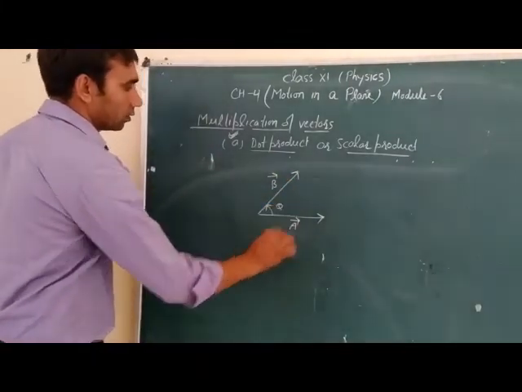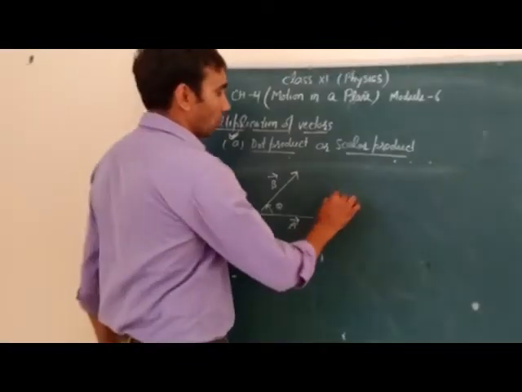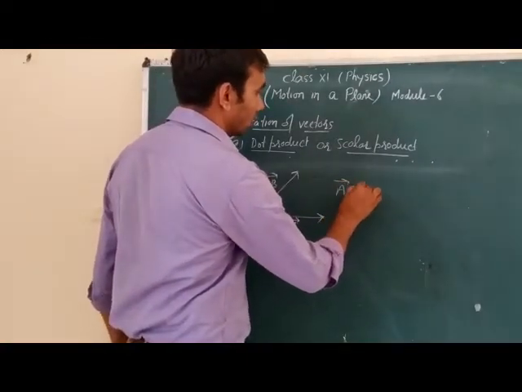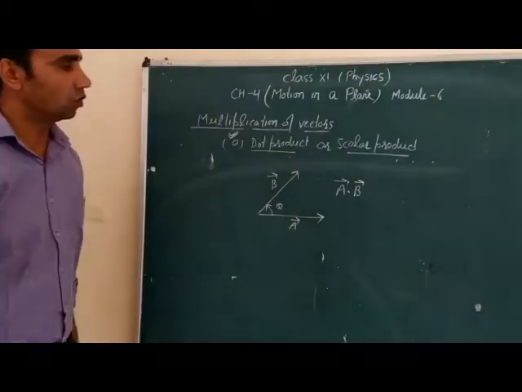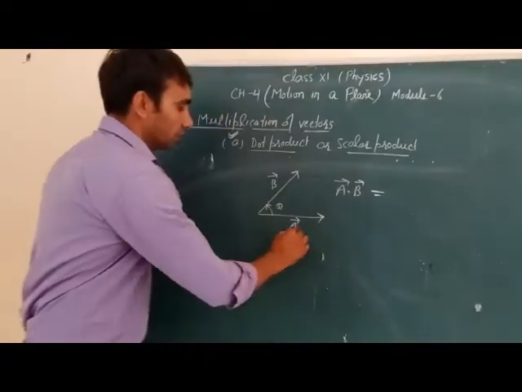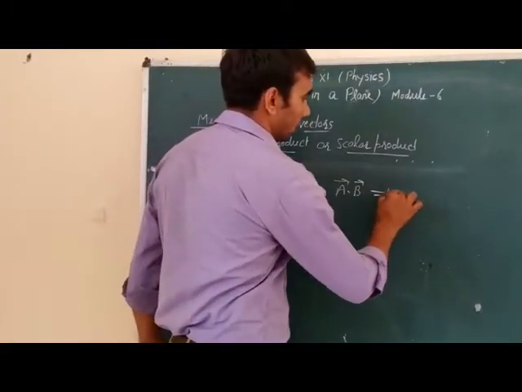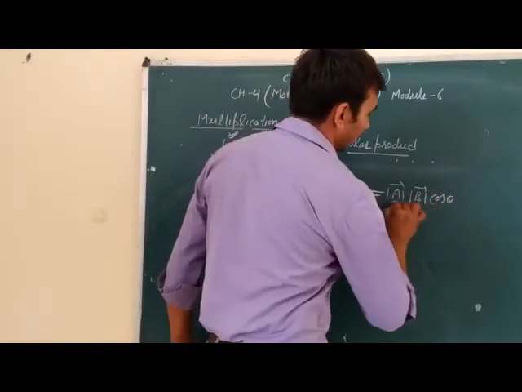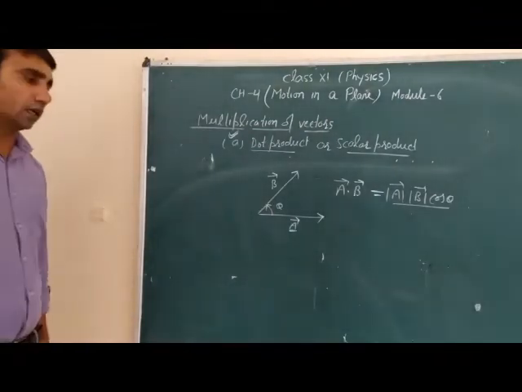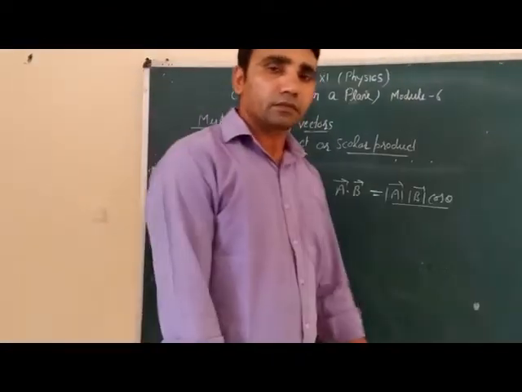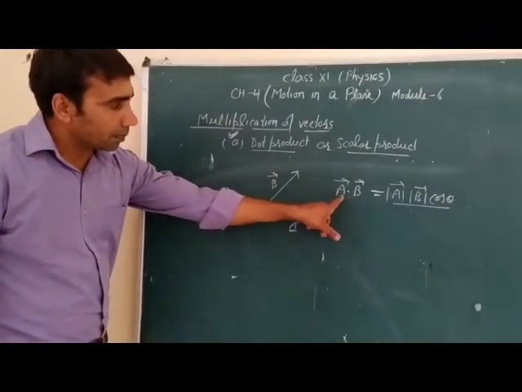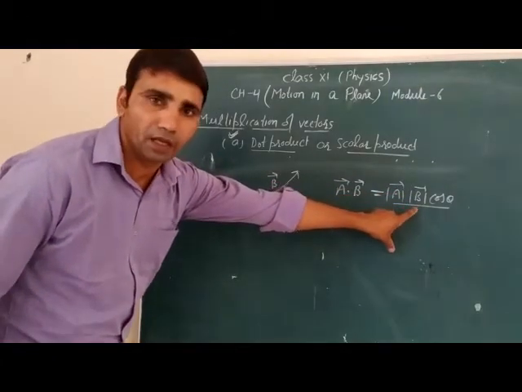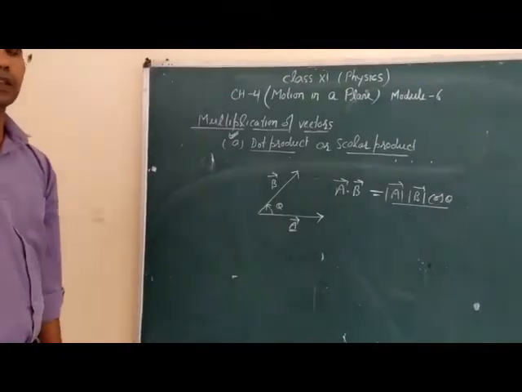The dot product of vectors A and B, written A dot B, is equal to the magnitude of vector A, times the magnitude of vector B, times the cosine of the smaller angle between them.